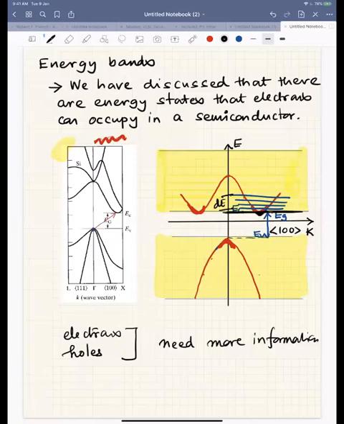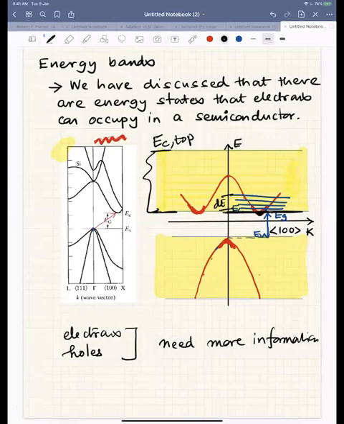When you talk about states, the energy will increase from EC. If this is my conduction band, the bottom is EC and there is a conduction band top, and we want to find the energy states in this energy band.